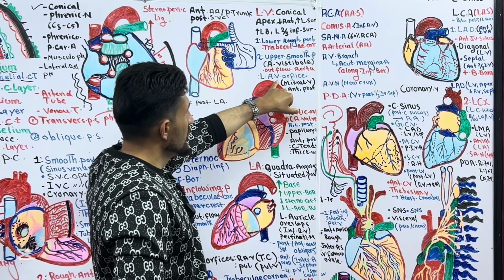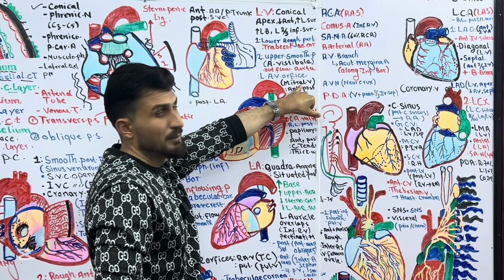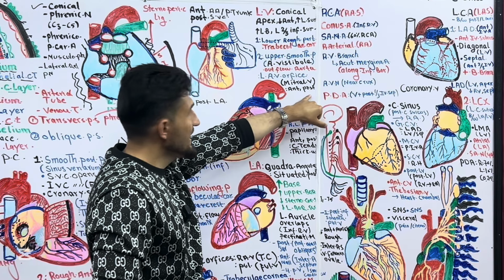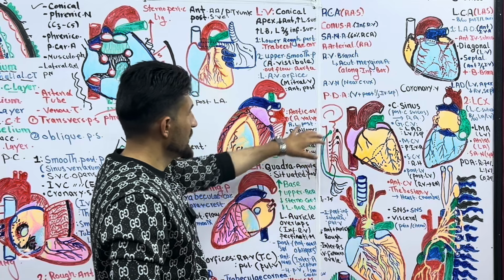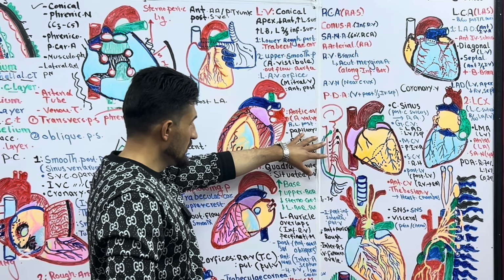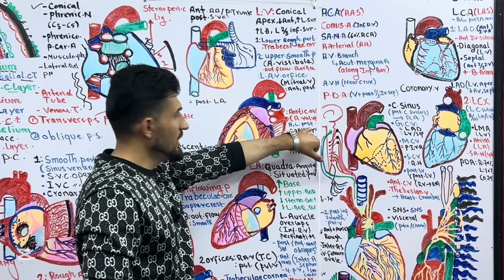We have two orifices: the left atrioventricular orifice, which is guarded by the mitral valve, and it has two cusps, anterior and posterior cusps. And also we have the aortic valve, which has right, left and posterior cusps.